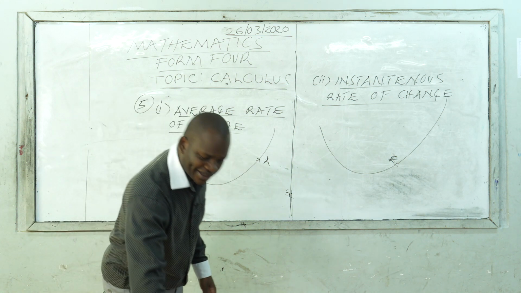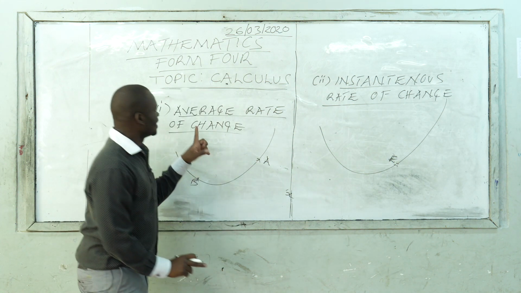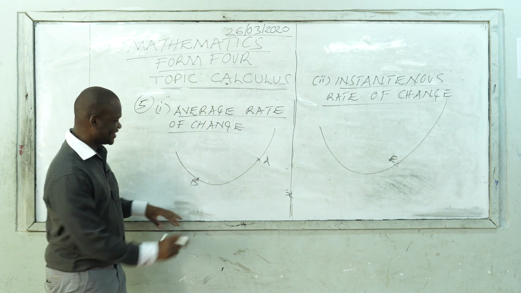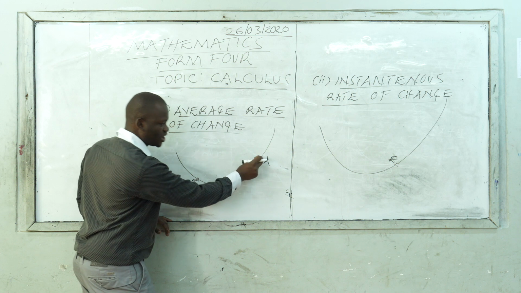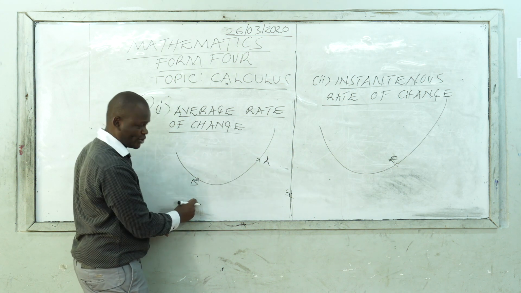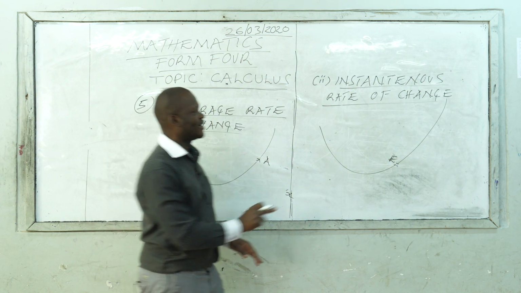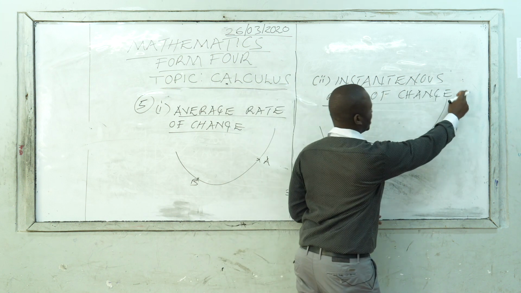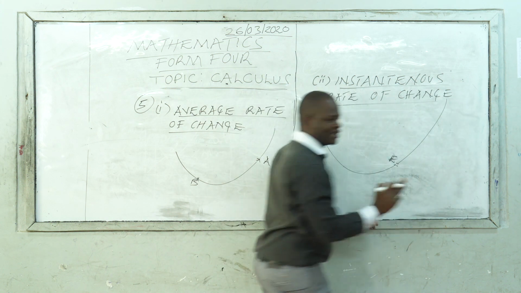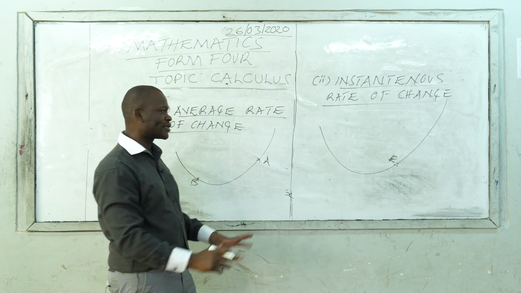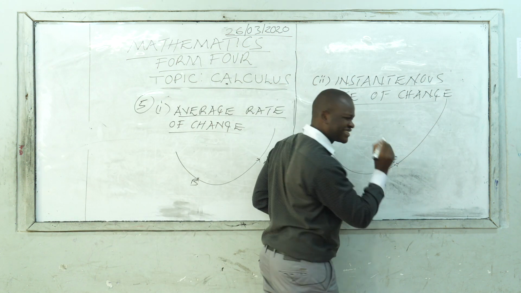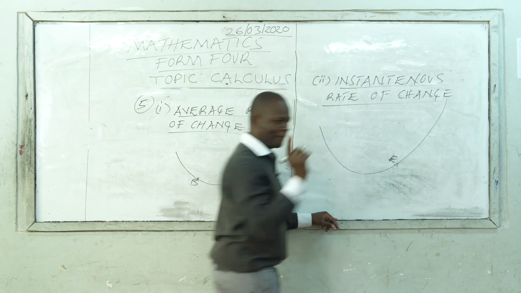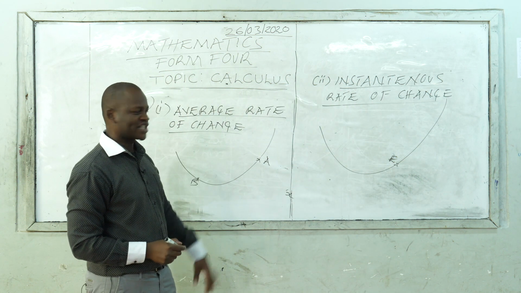So again, I'm saying average rate of change is the gradient of a curve between 2 points on that particular curve. And instantaneous rate of change is the gradient or the rate of change at that instant, at a specific point on that curve.